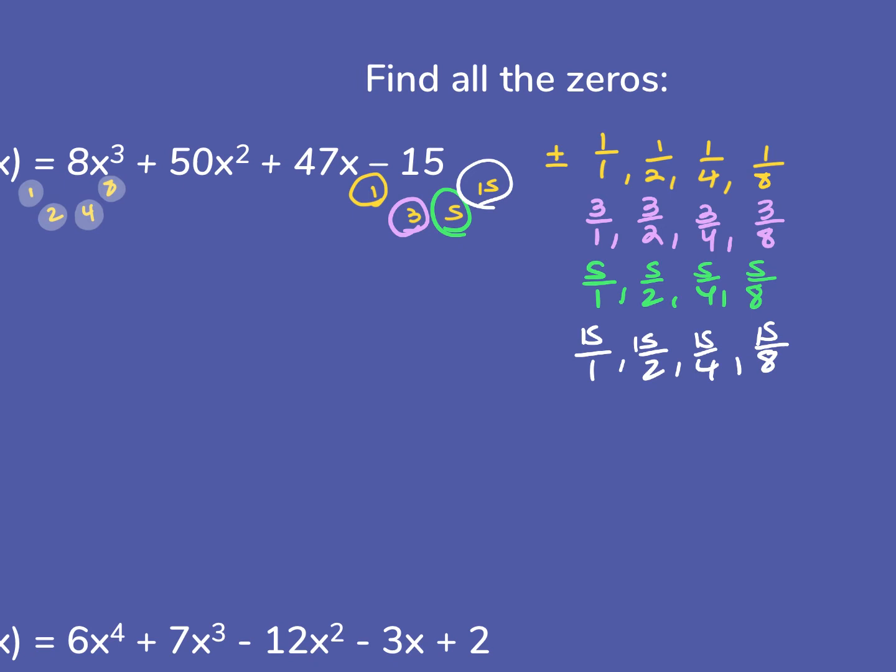So when I list my possibles, it is positive and negative. So it's positive 1 and negative 1, positive 1/2 and negative 1/2, positive 1/4 and negative 1/4. You just don't have to write that every single time.